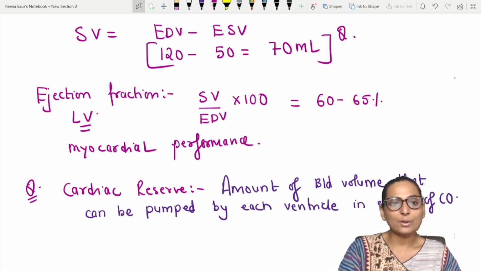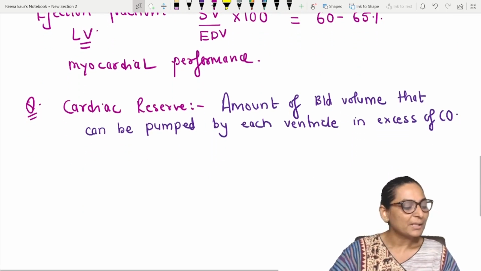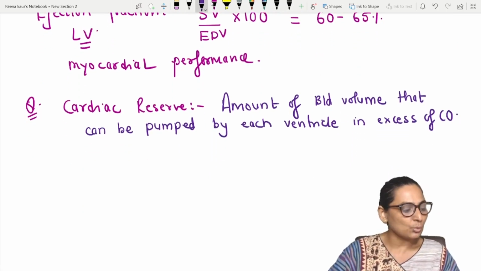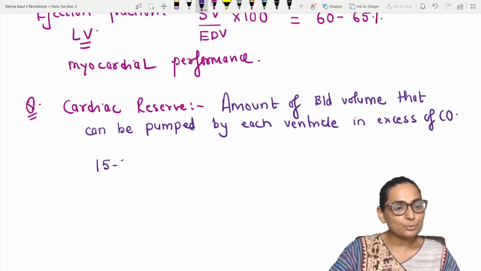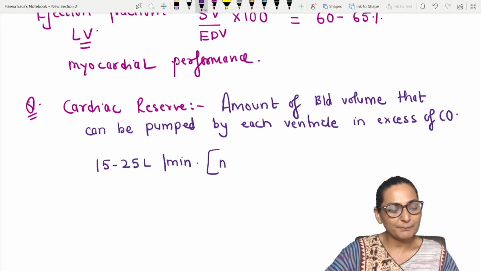मतलब नॉर्मल कार्डियक आउटपुट से बहुत ज्यादा it can be pumped by each ventricle, and you will be surprised to know that इसकी वैल्यू हो सकती है around 15 to 25 liters per minute. I repeat, 15 to 25 liters per minute in non-athletes.